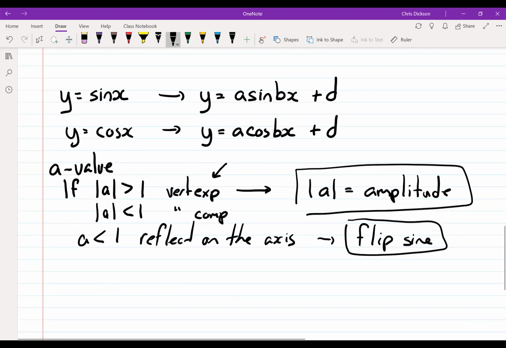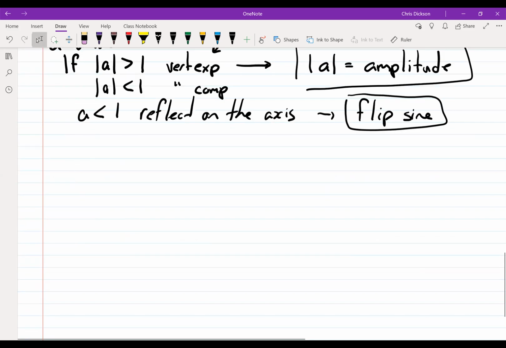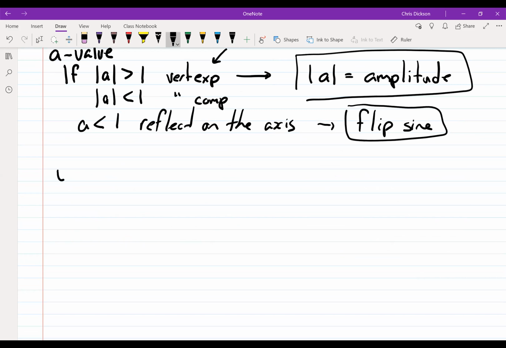So here's an example of what I mean by this sort of new way of thinking about how to graph it. Let's say someone said, graph y equals -4 sine of x. If someone asked me to graph that, or just know what the shape looked like, the first thing I might want to do is find the amplitude.